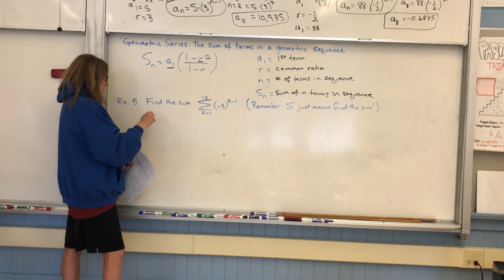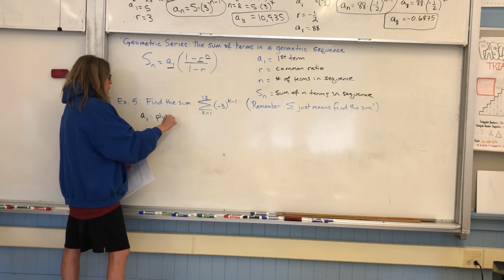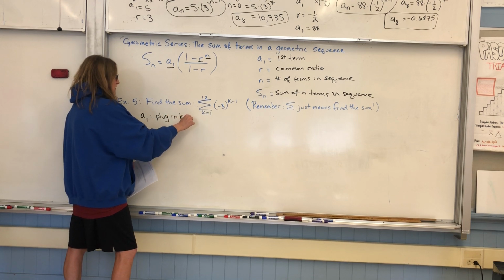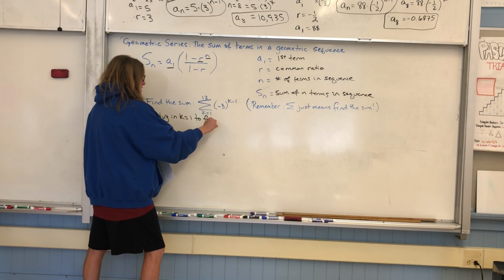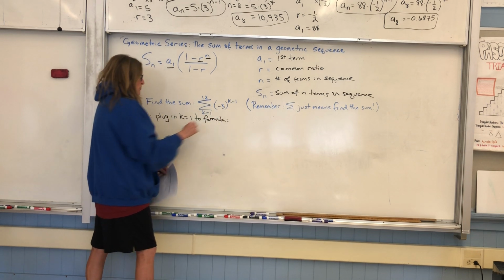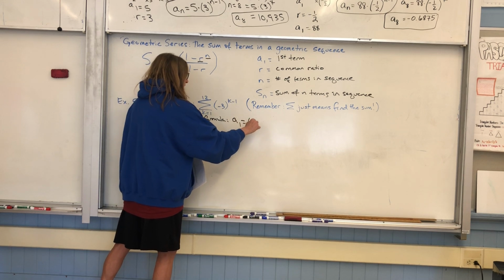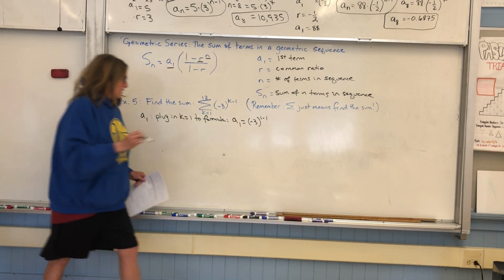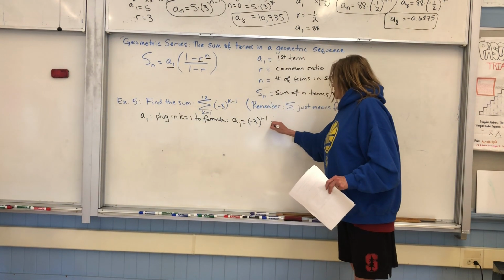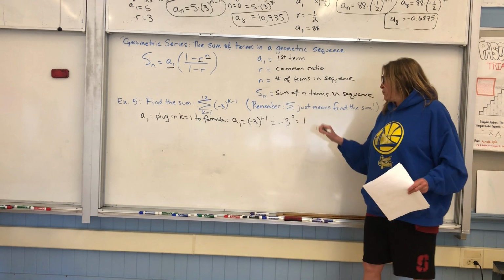So A1 is just, I'm going to plug in K equals 1 to my formula. So I know that A1 is equal to negative 3 to the 1 minus 1, which is negative 3 to the 0, which is 1. So I know A1 equals 1.